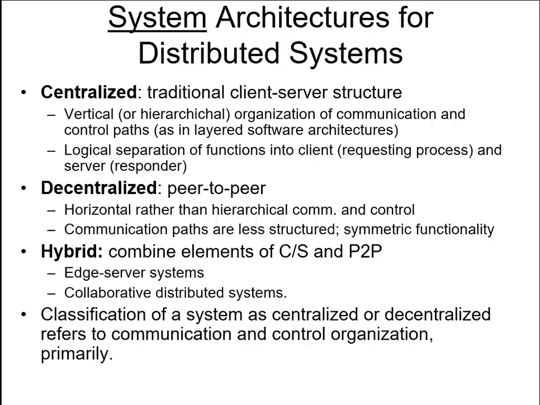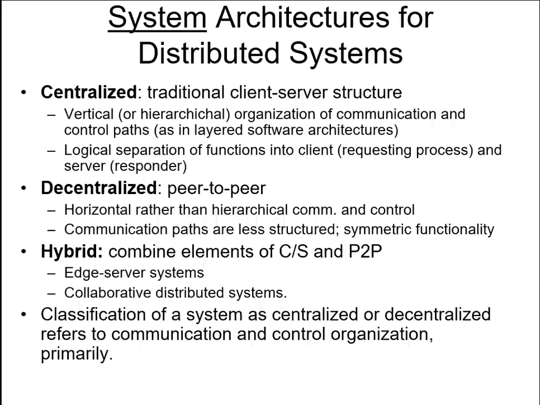While decentralized is also called peer-to-peer, instead of vertical there are horizontal links between different components. It is horizontal rather than hierarchical, and control is passed horizontally. Communication paths are less structured compared to centralized, with symmetric functionality.